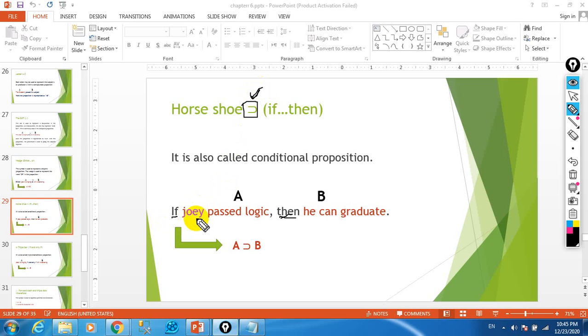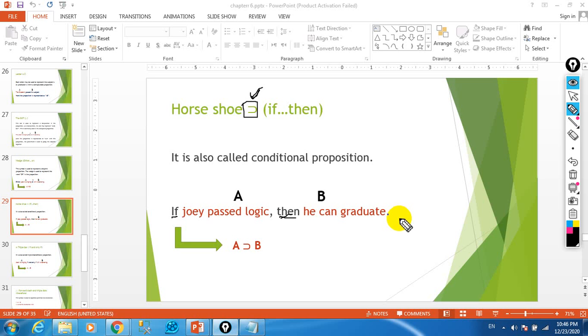Or another example: if you work hard then you will pass.